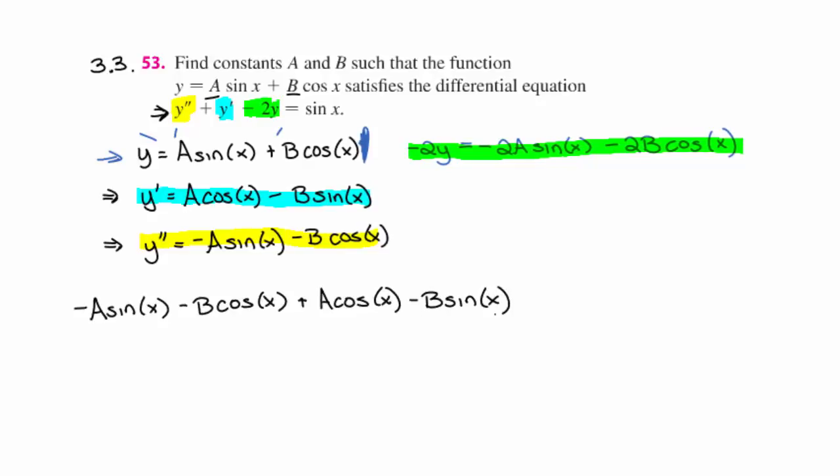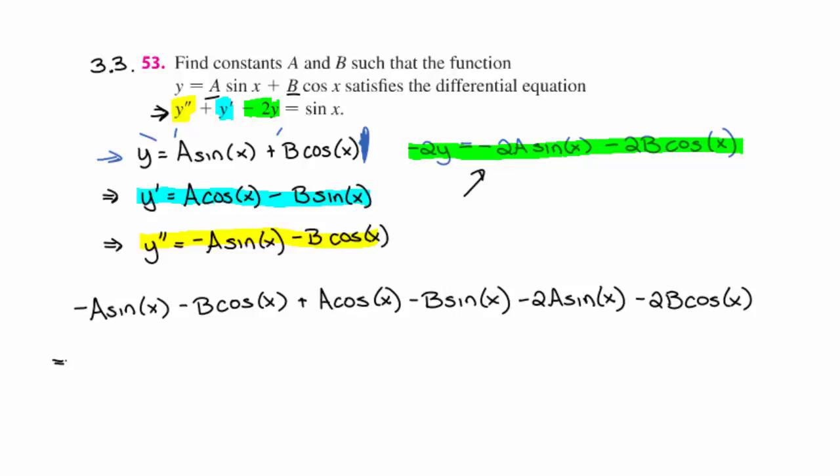And finally, minus 2y, and again, I'm stealing all the information from there. It's a negative 2a sine of x, minus 2b cosine of x. And before I write what it's supposed to equal, sine of x, I'm just going to compress things down here.